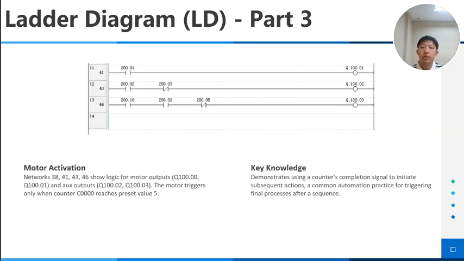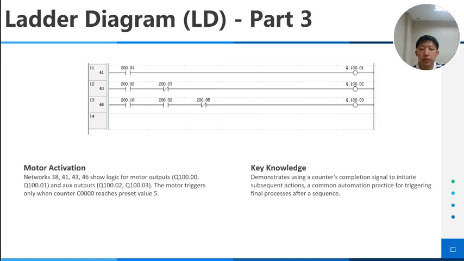The third and final part of the LD program is where the motor is activated, as shown in network 38 and 41. The motor outputs Q100.00 and Q100.01 are activated only when the counter C000000 has finished counting 5 cycles.